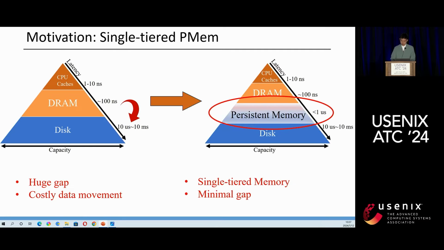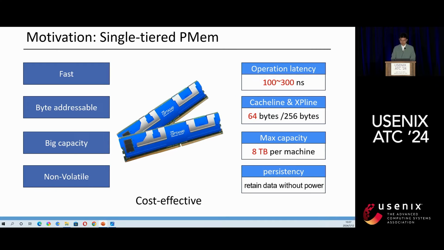So, we envision a hardware solution that supports memory operations and low-latency direct CPU access to minimize the gap. In 2019, Intel introduced the first commercial persistent memory. First, it has low latency, with read and write operations taking around 100 to 300 nanoseconds.